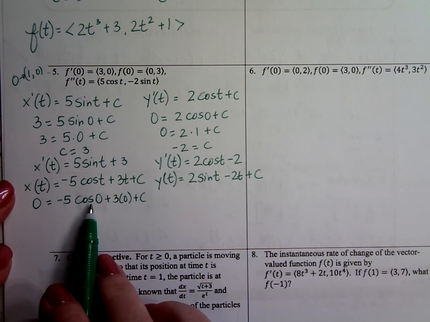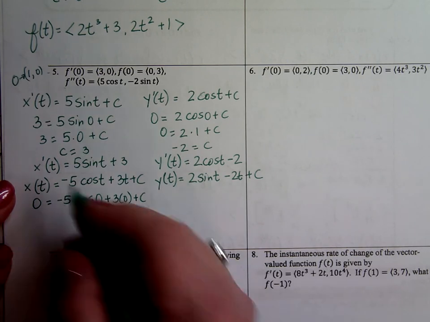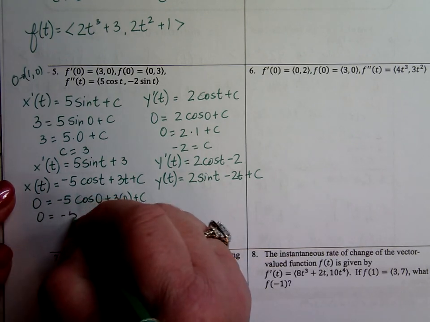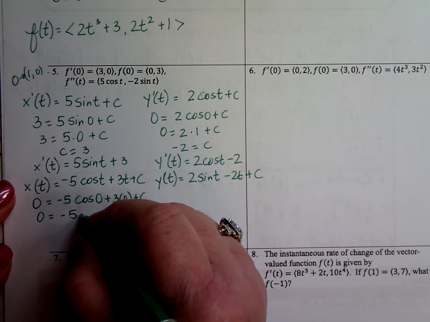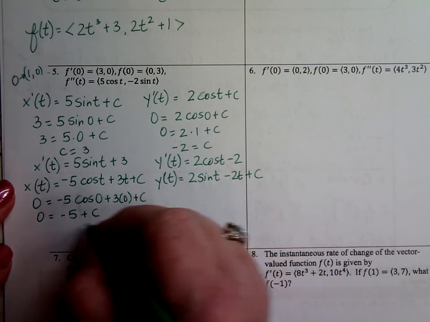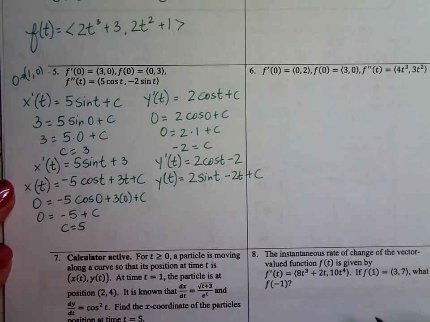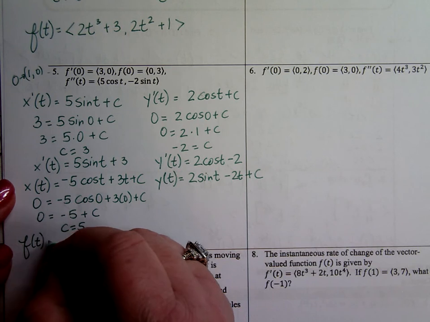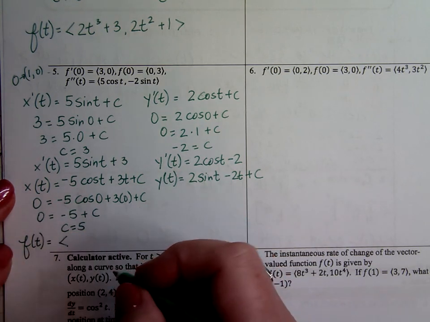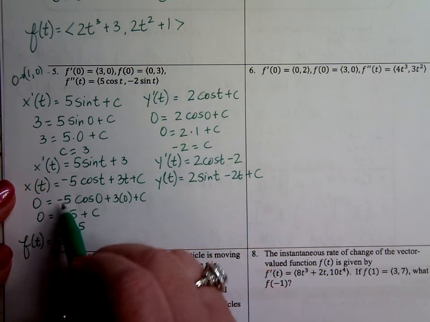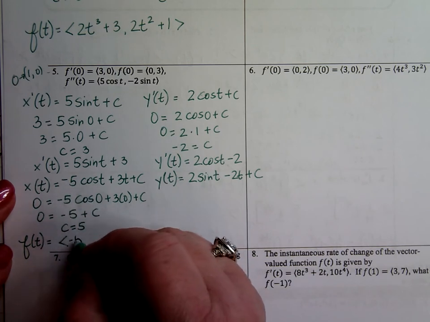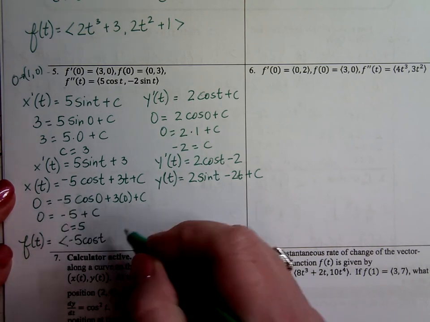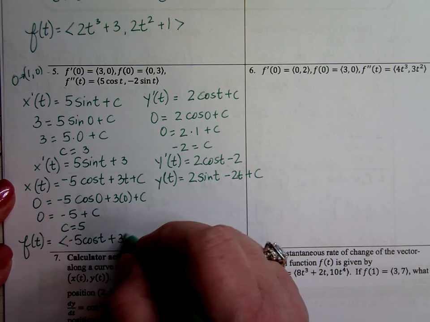Cosine of 0 is 1, so that means I've got 0 equals negative 5 times 1 plus c. Bring the c over, and c is 5. That means that for my f of t, I have the vector valued at, negative 5 cosine of t plus 3t plus 5.